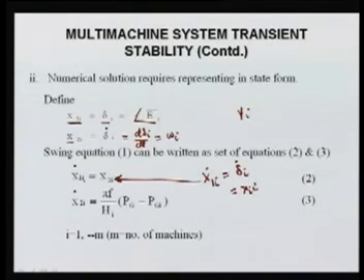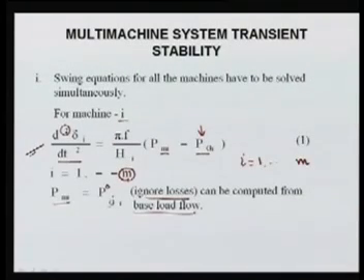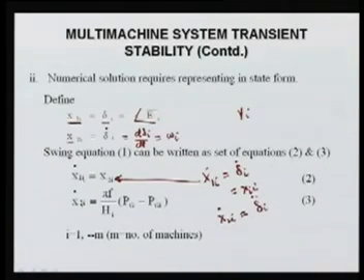Another one, if you differentiate x2i, that is the double differentiation of delta i, which is the swing equation here. So we can write that x2i dot will give you this equation.